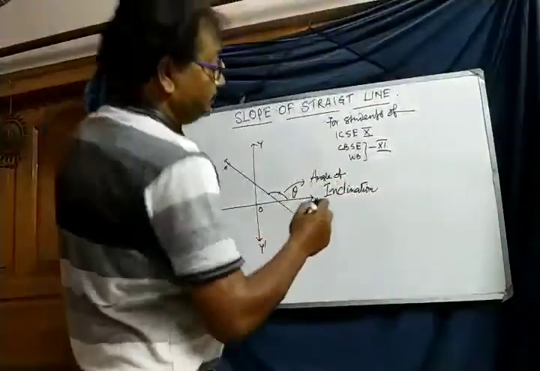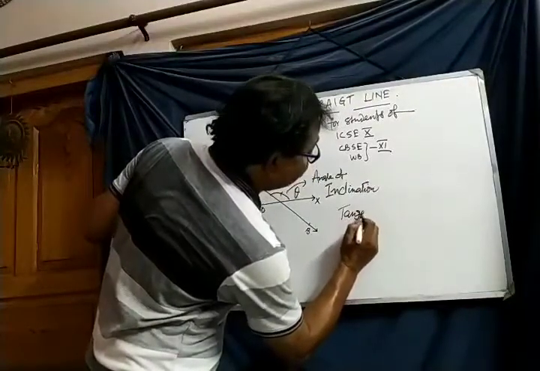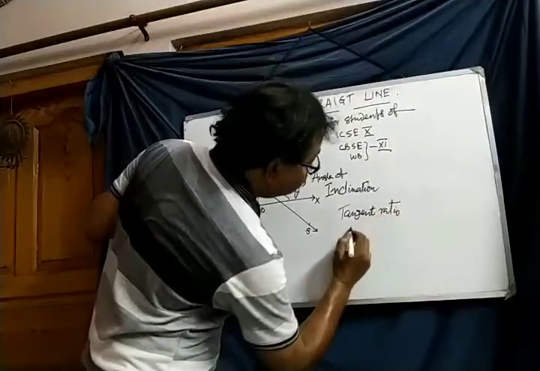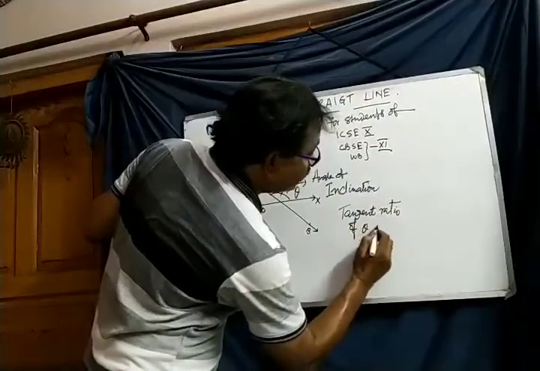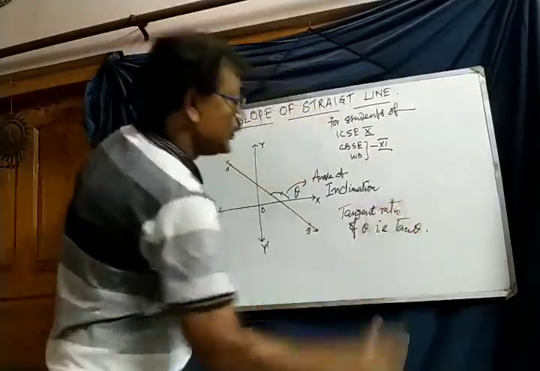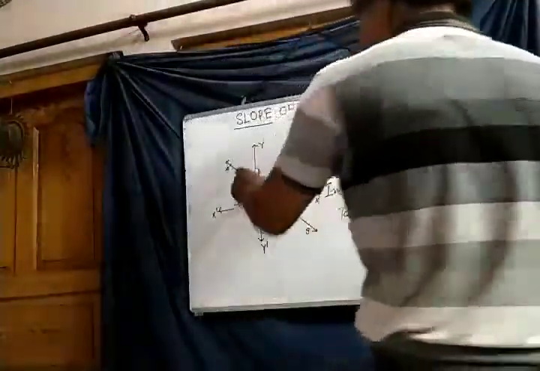The tangent ratio of this angle, tangent ratio of theta, that is tan theta. Tan theta is called slope of the straight line AB.